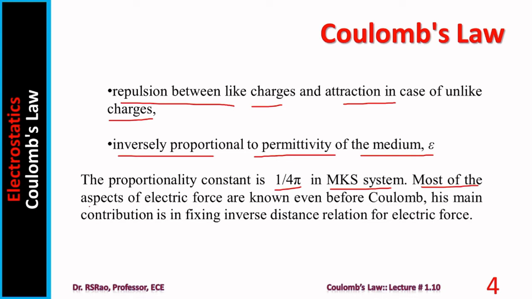Most of the aspects of electric force were known even before Coulomb. His main contribution is in fixing the inverse distance relation for electric force. Moving further, one can notice that this law is structurally very similar to the universal gravitational law of Newton.